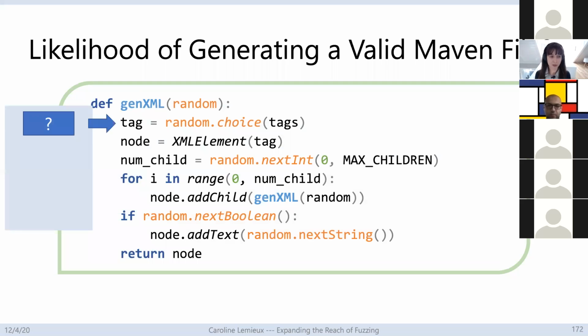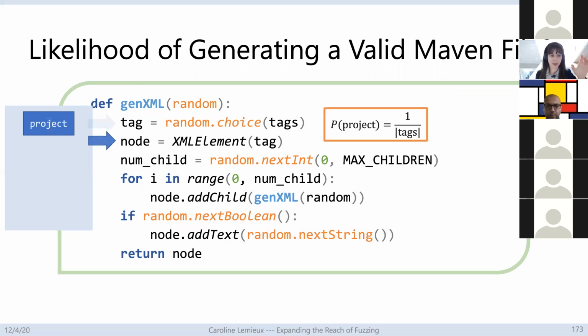For example, the Maven schema requires that the root tag of your document be project. Even if you're choosing from a fixed set of tags, the probability of that happening is 1 over the number of tags, and if that is on the order of 100, this is already pretty small.